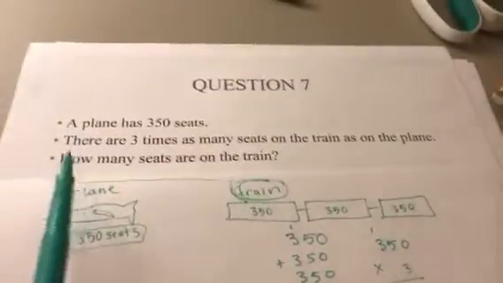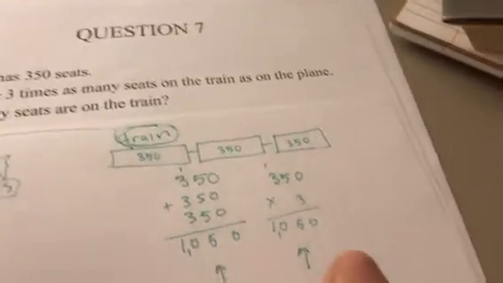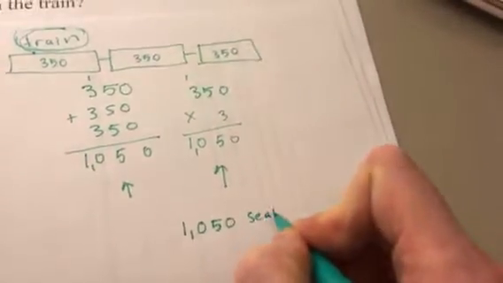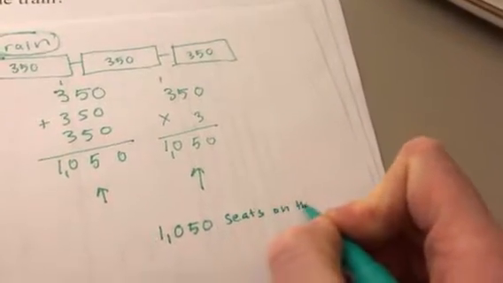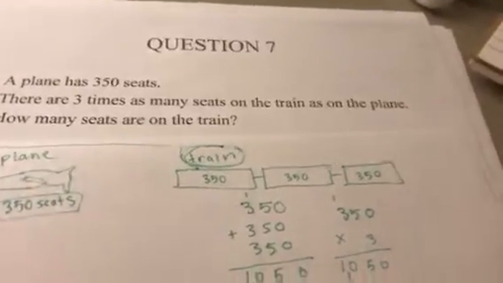So that answers my question. How many seats are on the train? 1,050 seats are on the train. It's important that I label it seats on the train because I'm not talking about seats on the plane.